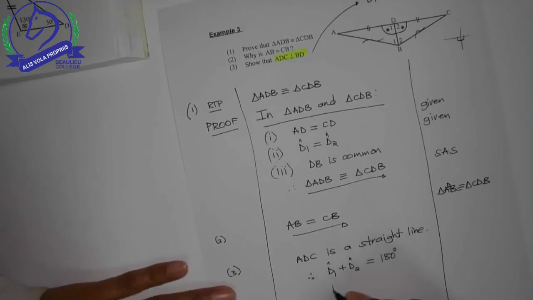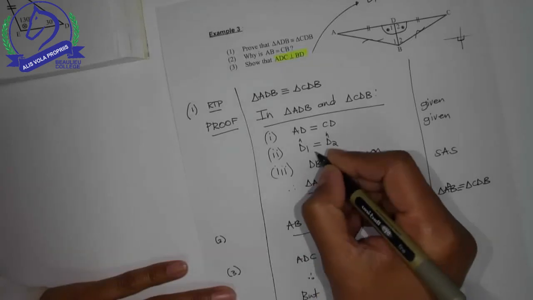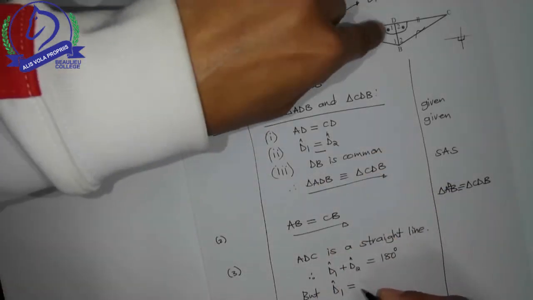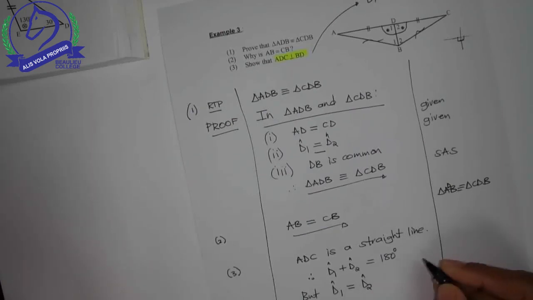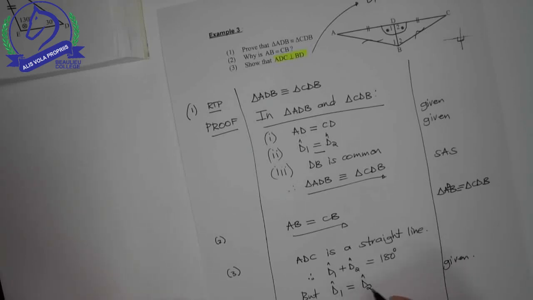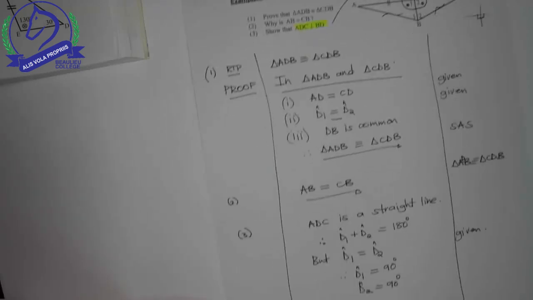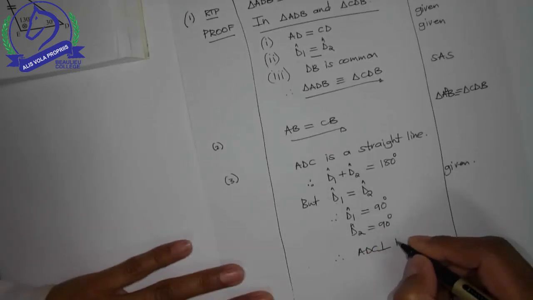Now we know that D1 is equal to D2, given in the diagram. And if D1 plus D2 is equal to 180, therefore D1 has to be 90 and D2 has to be 90. Therefore, ADC is perpendicular to BD.